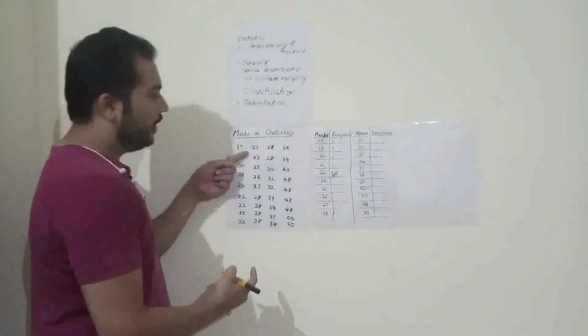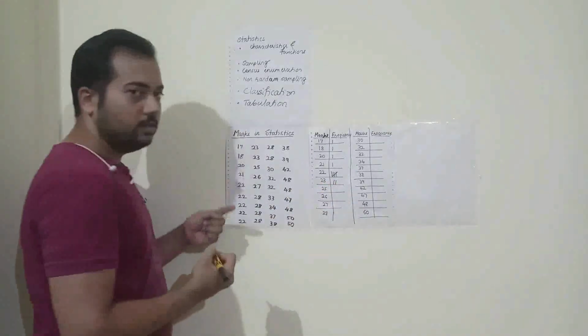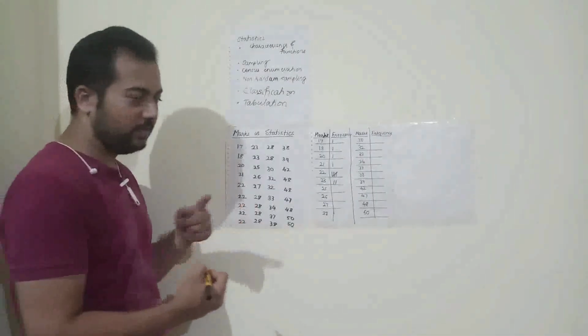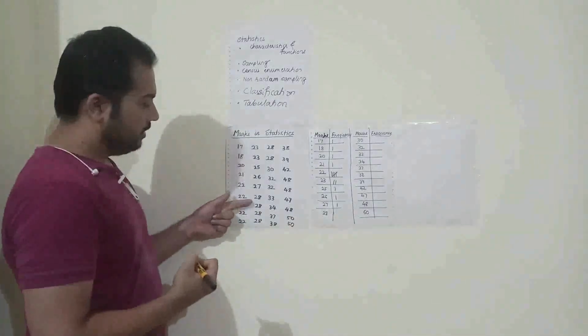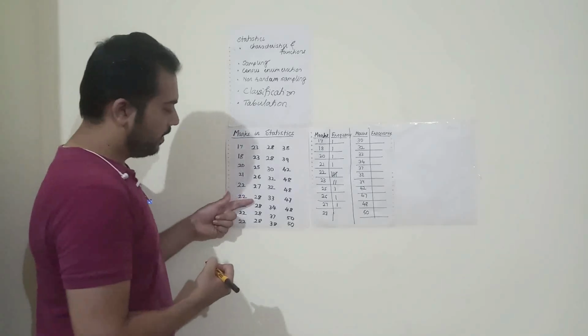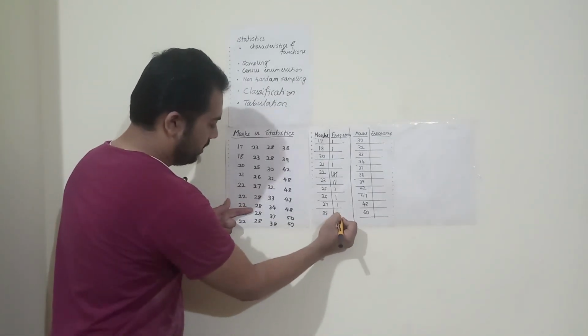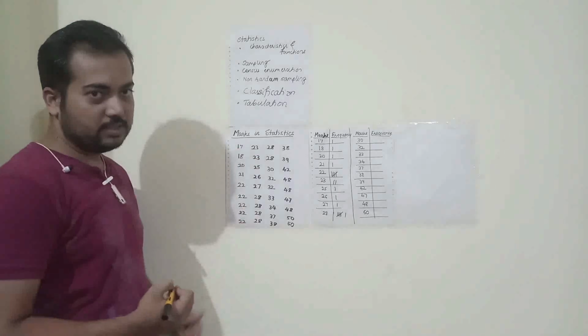In 23 we find 2 tally marks. Then 25, 26, 27, these three are 1 each. Then 28 we find 1, then second, third, fourth, fifth, and also we have 6. We have 6 times 28.